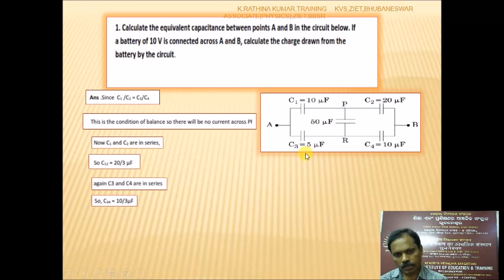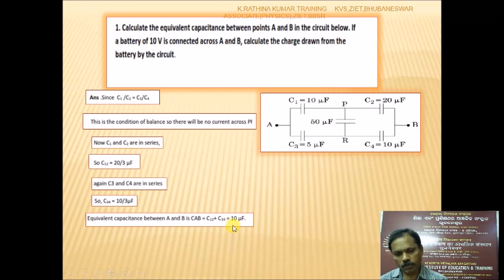The equivalent capacitance between A and B is equal to C12 plus C34, these two should be added.